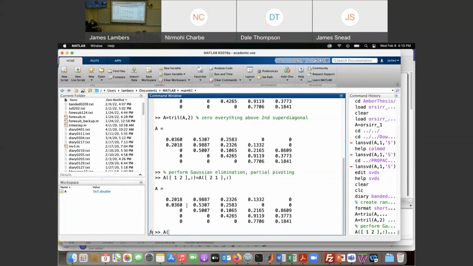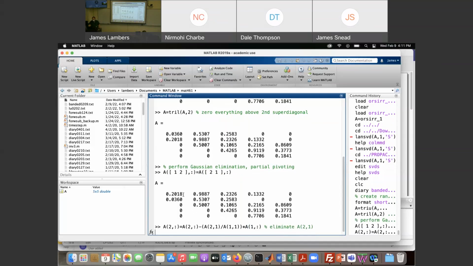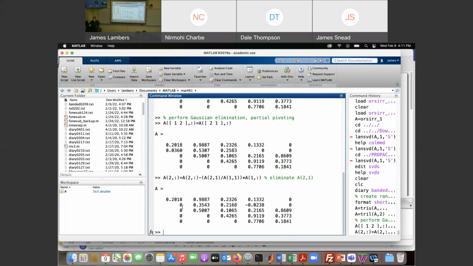So row 2 is equal to itself minus the multiplier, which is the entry I want to eliminate divided by the diagonal entry in the same column, times row 1. Now the first column is done.